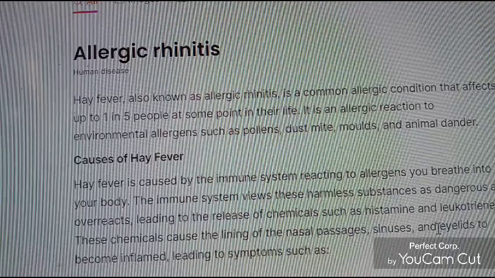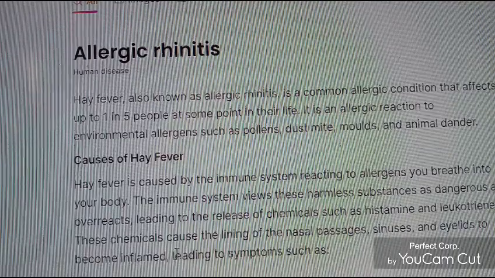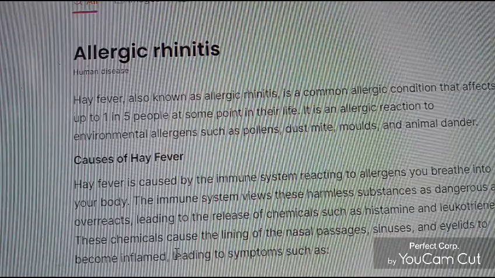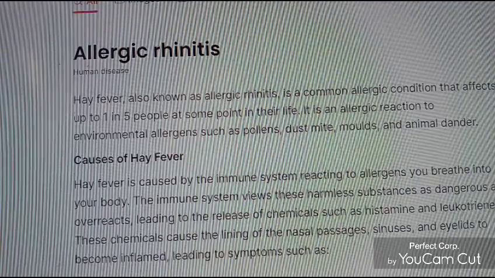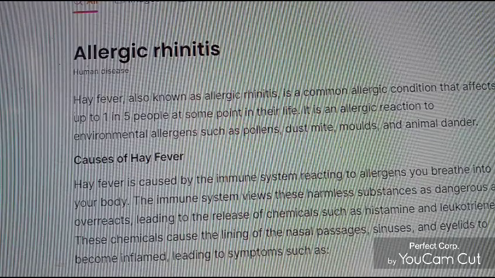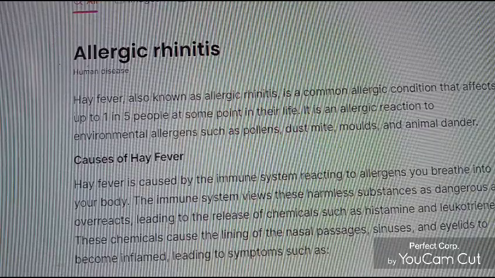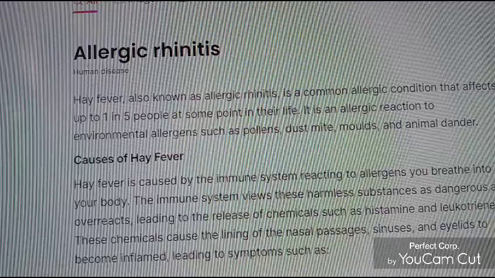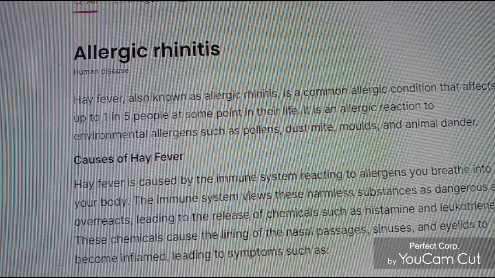Inflamed nasal passages will cause symptoms like runny or stuffy nose. Okay, so why does inflammation cause a runny nose? Sneezing, red, itchy, and watery eyes.